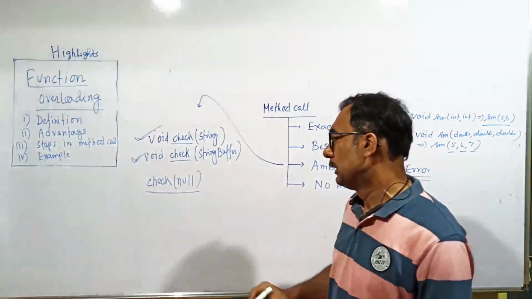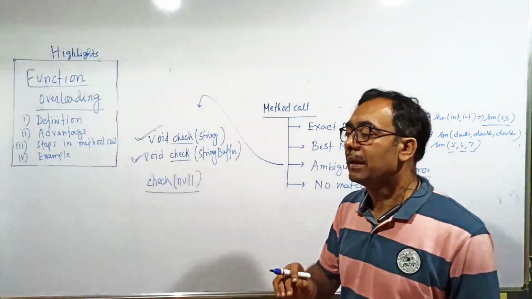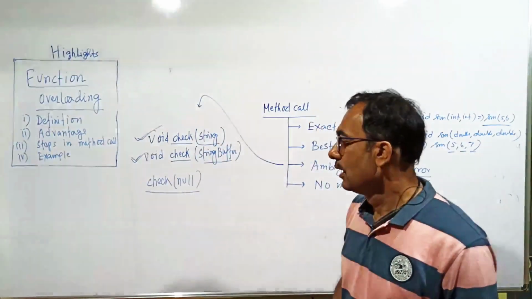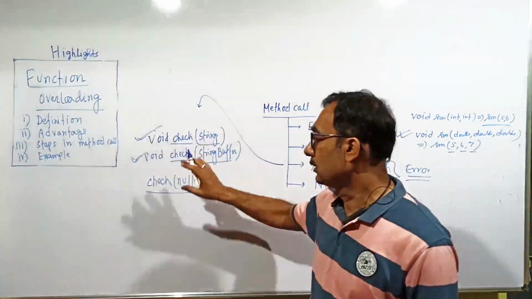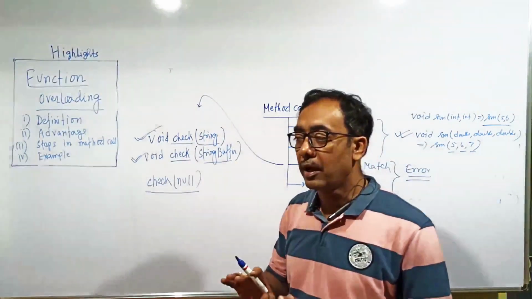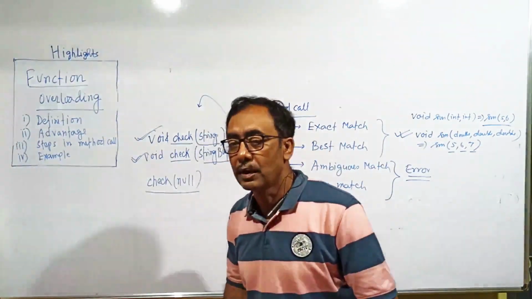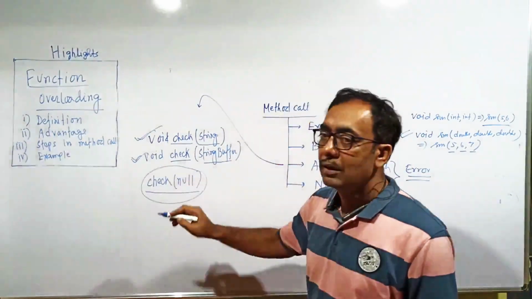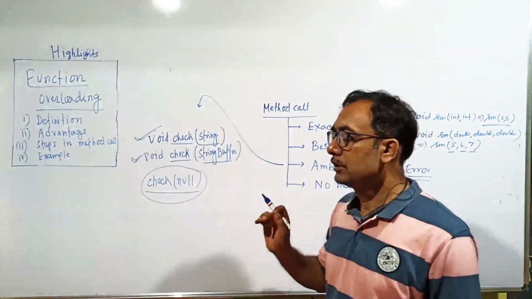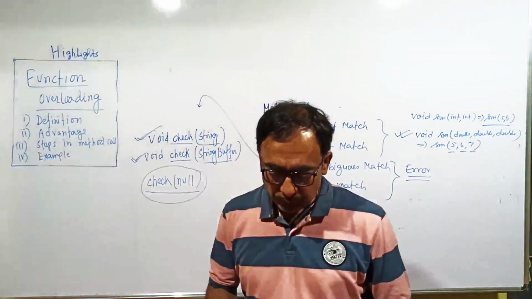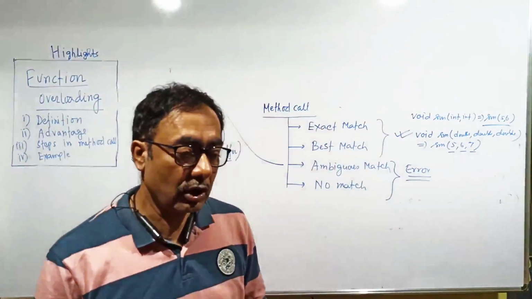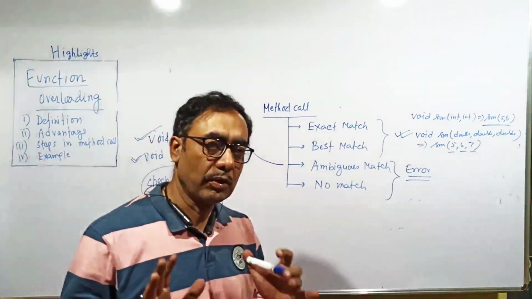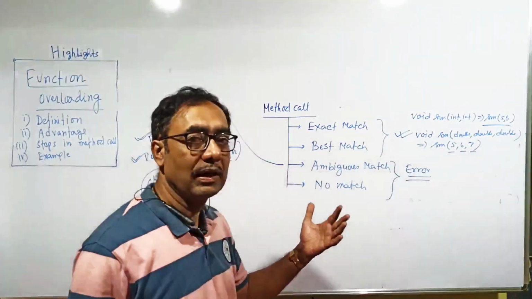Because null is the initial value for objects of both these classes, and both methods have equal priority, with none ahead of the other in terms of execution, so this method call will raise the condition called ambiguous match. So we must not write method definitions or method calls in such a way that ambiguous match arises.